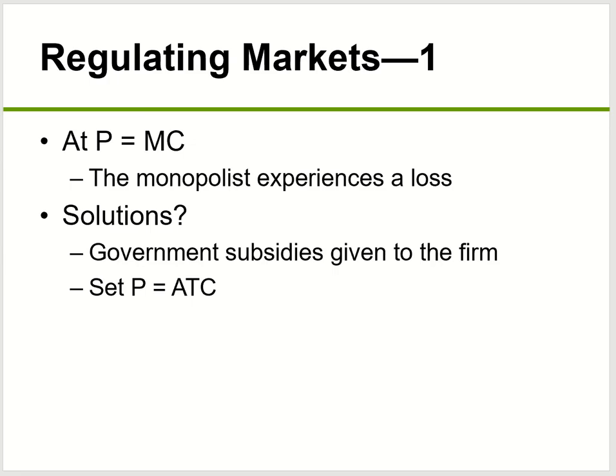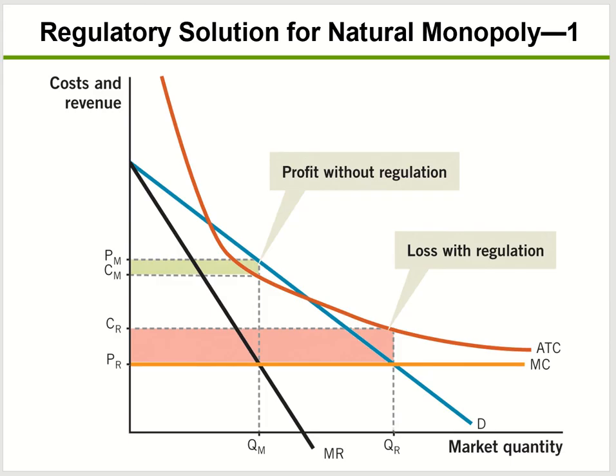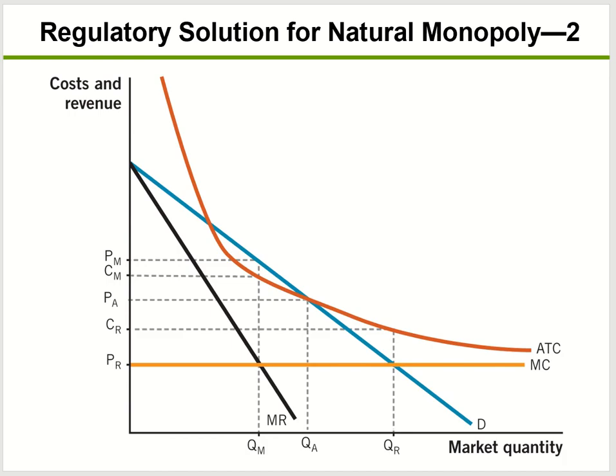All right, let's go over this. When you try to lower the price to where price equals marginal cost, a monopoly company will set at this output level, right? So go up, that's the price for the monopoly, and this is the cost for the monopoly, and the monopoly has a little profit over here.